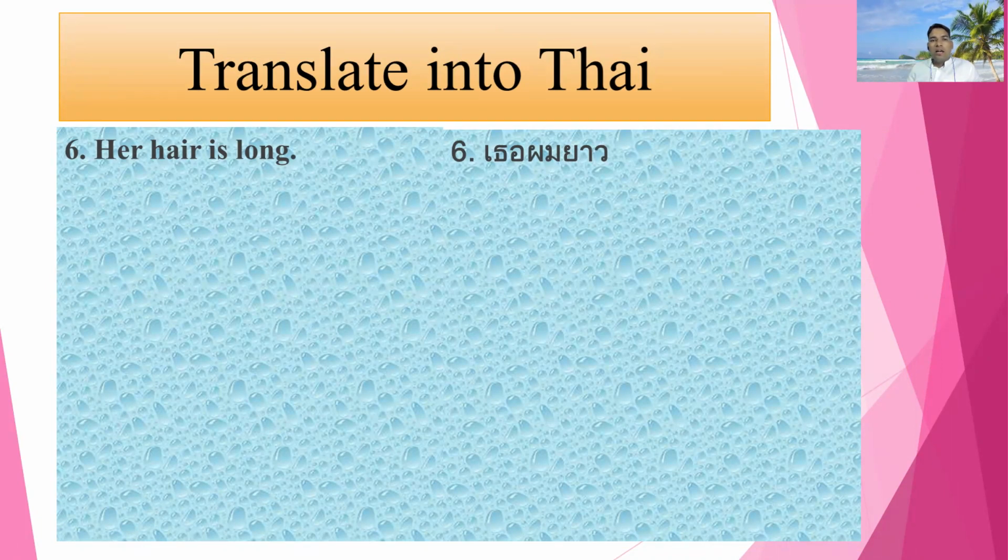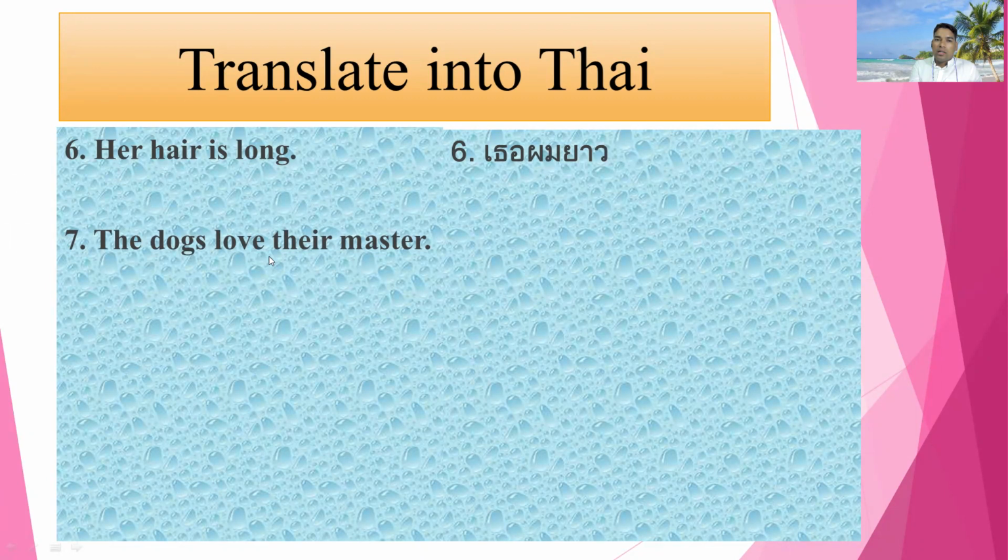Number 6 is: her hair is long. "Her" is used for ladies, so you can understand her hair is long. This is a possessive adjective, and the Thai language is written also. Number 7 is talking about: the dogs love their master.